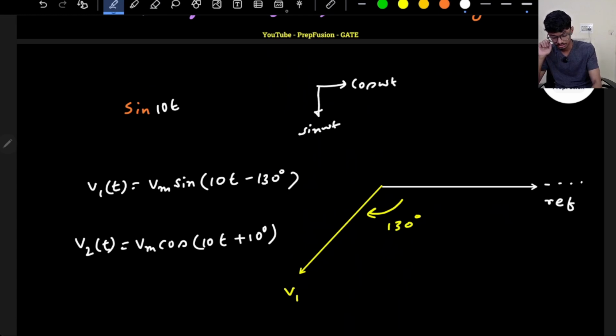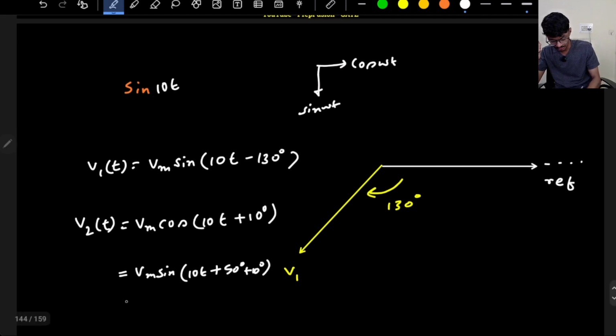If I want to reach from sine to cos, I have an extra lead over the sine, so basically an extra 90 degrees of angle. So from sine, if I want to reach cos, I have to add an extra 90 degrees. That is exactly what I am doing, plus 90 plus 10.